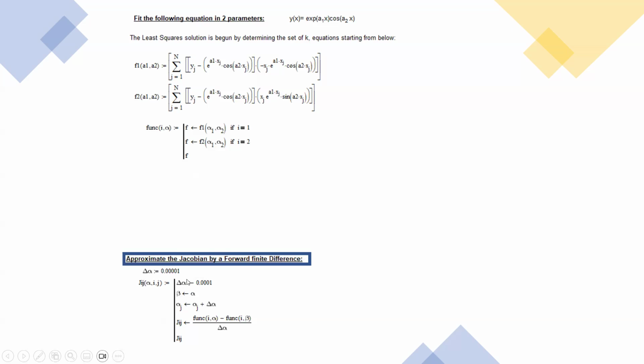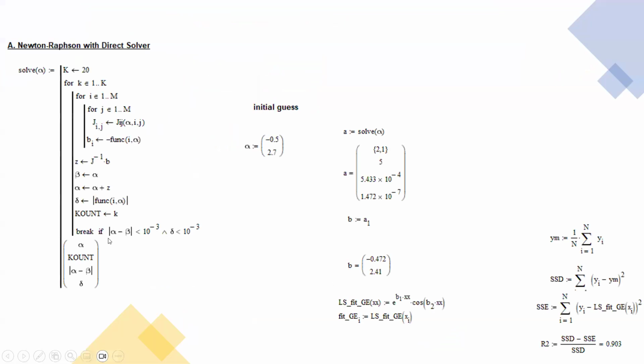The only thing we have to know is the step size for the problem. The step size is given here. Delta alpha is like delta x. And we can find the value of the Jacobian matrix by forward finite difference, and then we solve the problem.